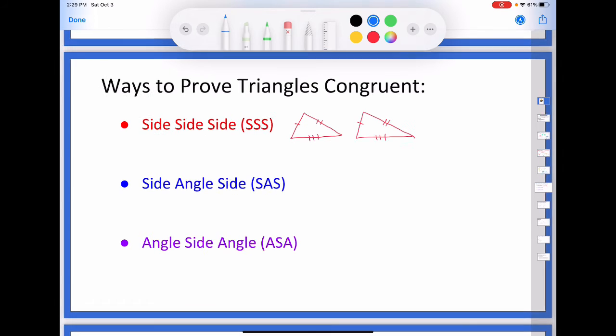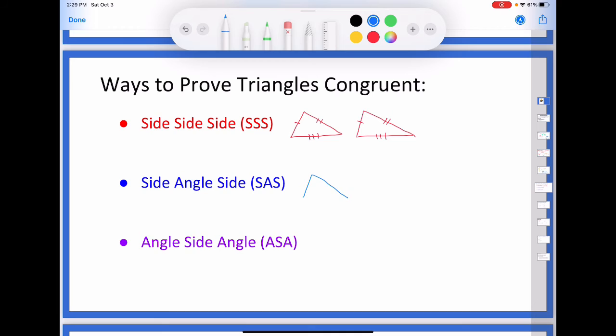Another option is if we have side, angle, side. Now if I draw my 2 sets of triangles here, this is only 2 pairs of sides that are congruent, but notice we have the word angle in between. This angle has to be what we call the included angle, meaning the angle in between the 2 pairs of congruent sides, and it has to be that one.